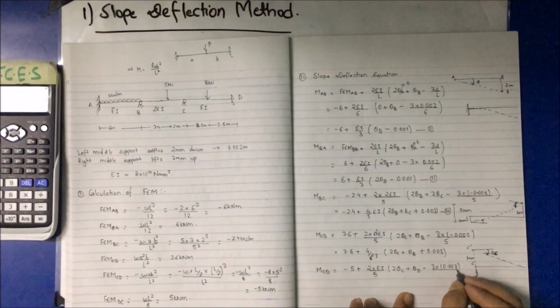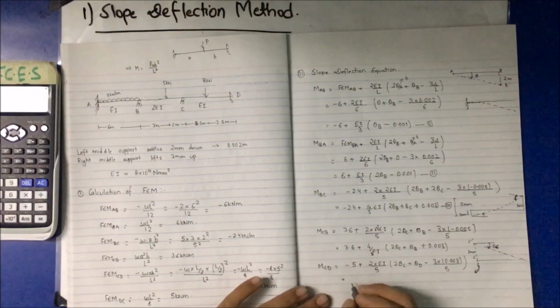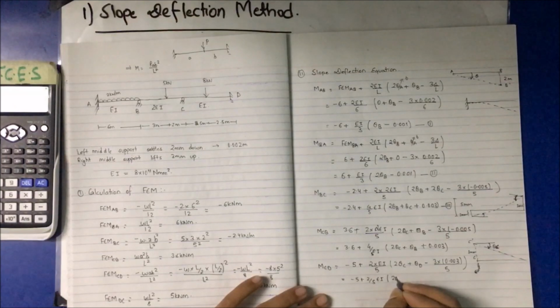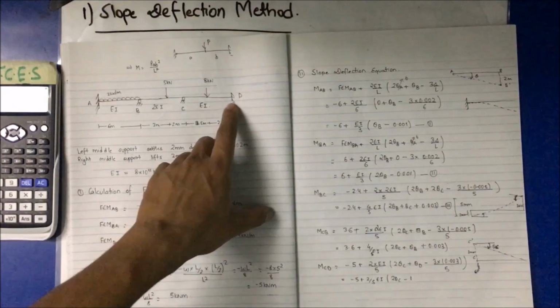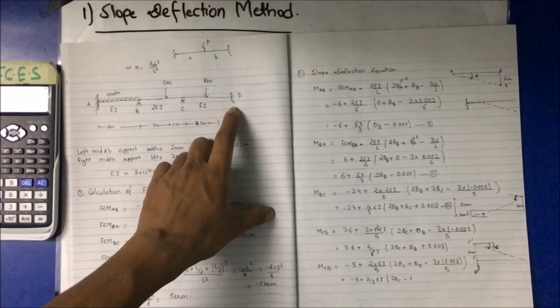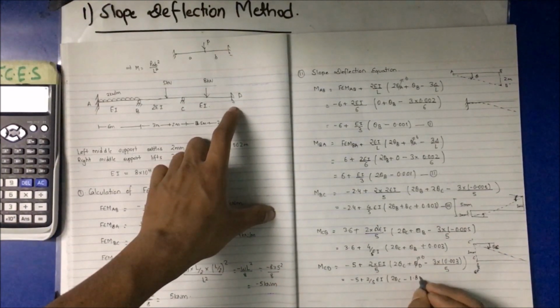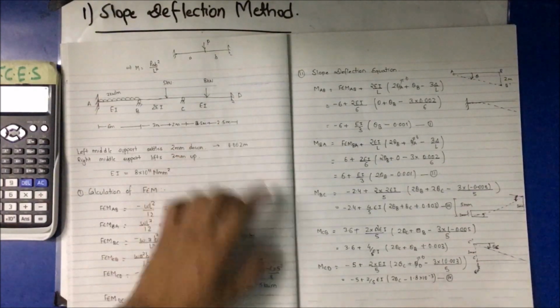this is clockwise, so we will put a positive value for displacement, so 3 into 0.003 divided by 5. So we get the value as minus 5 plus 2 by 5 EI, 2 theta C minus theta D. Again it is a fixed support, so theta D will be 0, minus 1.8 into 10 to the power minus 3, equation number 4.